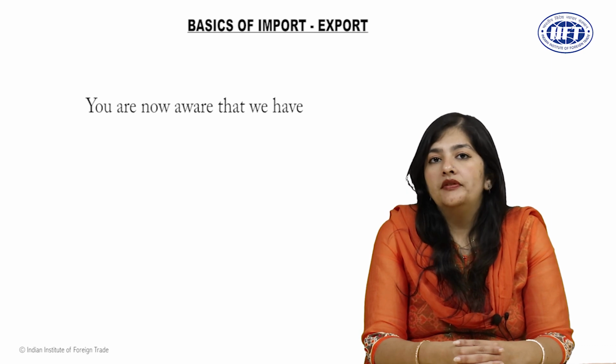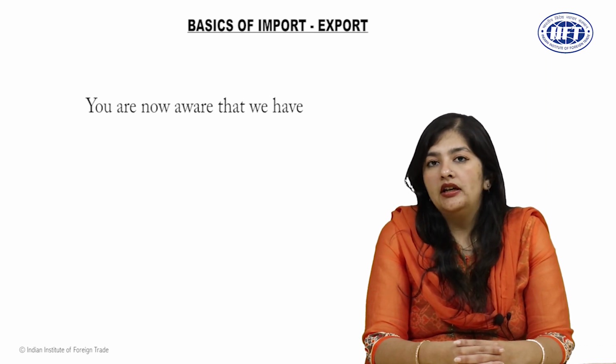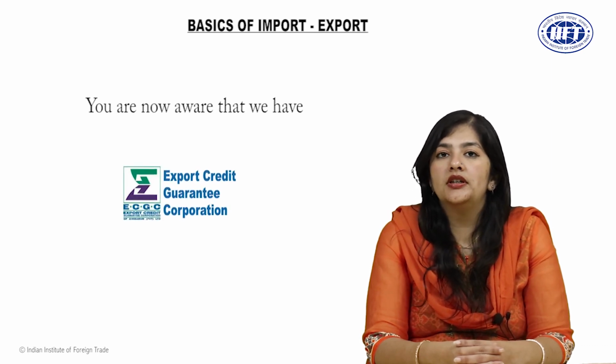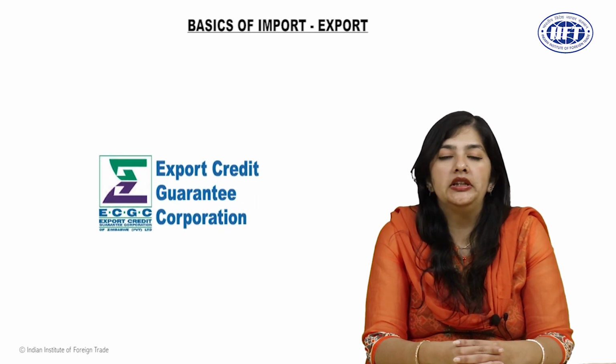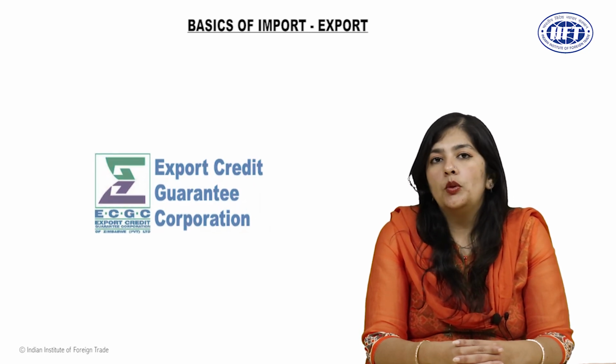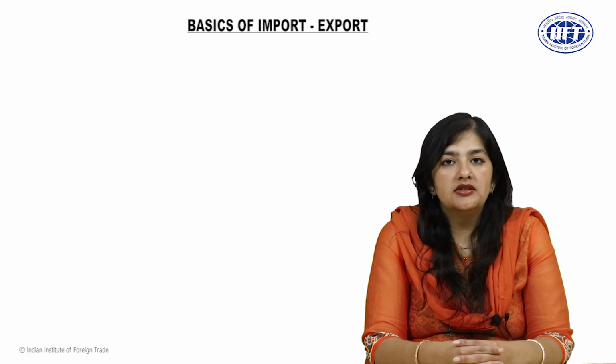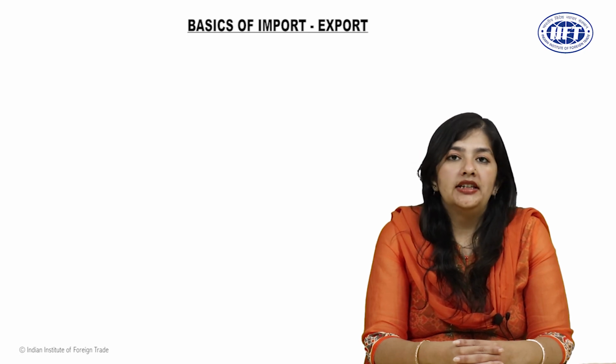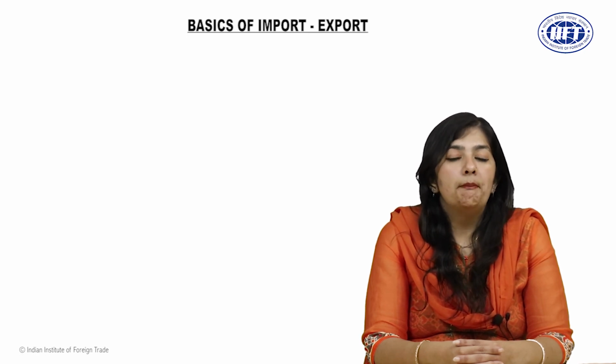We all are now aware that in case of India, we have Export Credit Guarantee Corporation of India Limited, which will provide us a number of covers both for exporters as well as for banks in order to ensure that there is minimal payment risk involved.